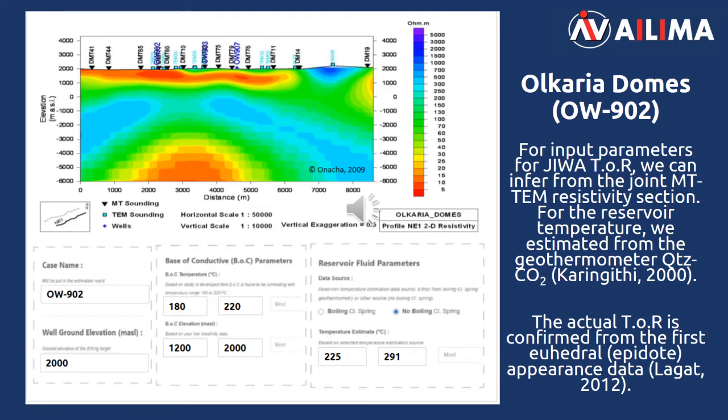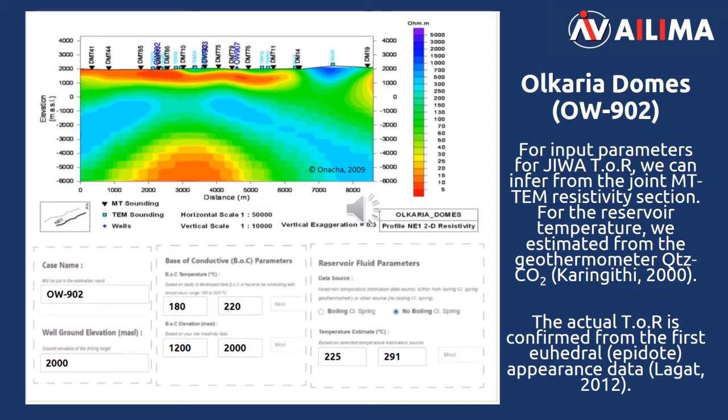We present to you the joint MT time resistivity sections of Olkaria Domes. For the input parameters for our GeoTOR, we can infer that the well ground elevation is 2000 MASL and the VOC elevation is 1200 to 2000 MASL.